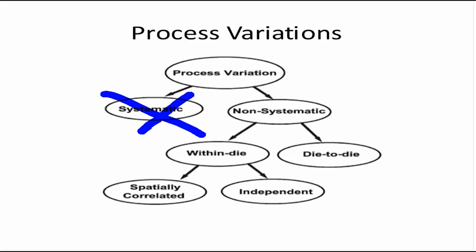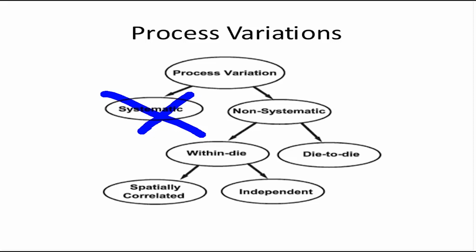Now again, the within die variations are of two types: spatially correlated and independent. For example, let's take two parameters: the channel length of the CMOS and the thickness of the oxide. If these two parameters show no correlation to each other, that means the distribution of one is entirely independent of the distribution of the other, then they are independent.